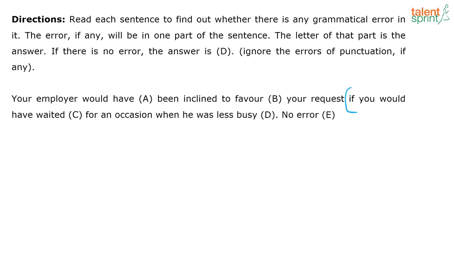So I still need to identify that the error is not in part A, but actually in part C again, right? Because would have been inclined is our second clause. For the first clause, I need if I or you.